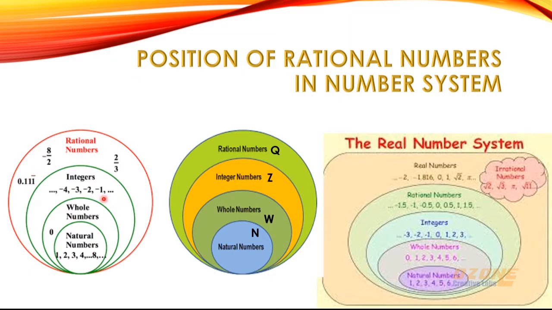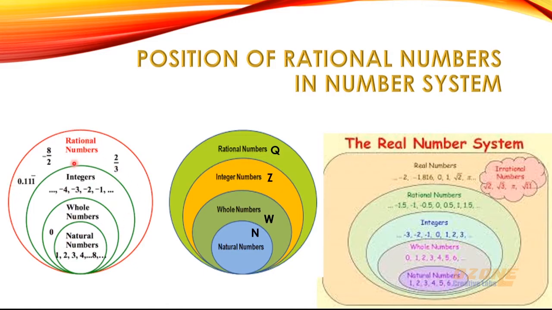We know that in between all the numbers there will be some decimal points or some fractions. All these fractions also come under rational numbers. So all fractions along with integers, that means natural, whole and integers, along with that all fractions also come as rational numbers.